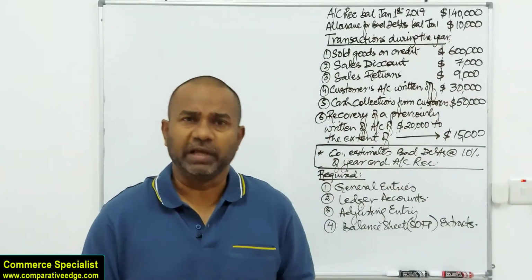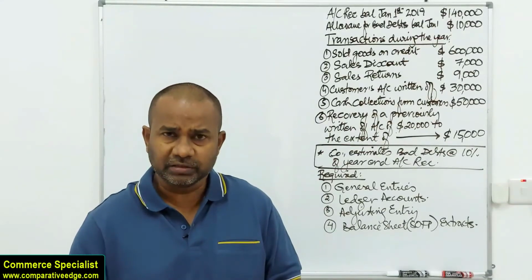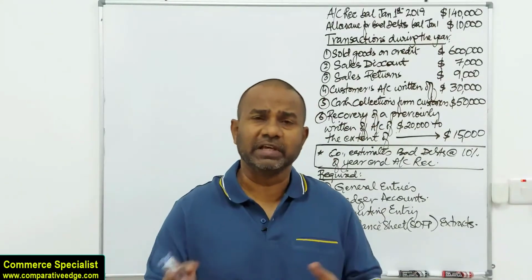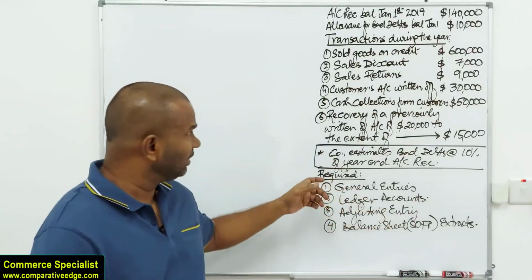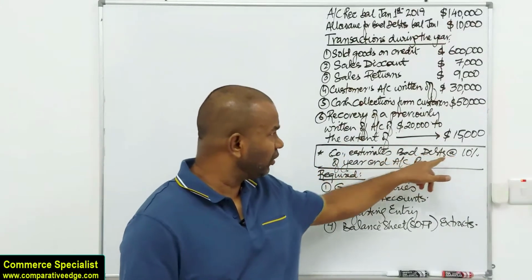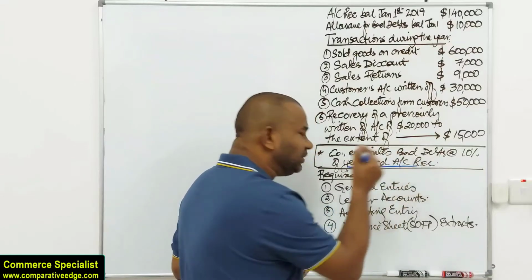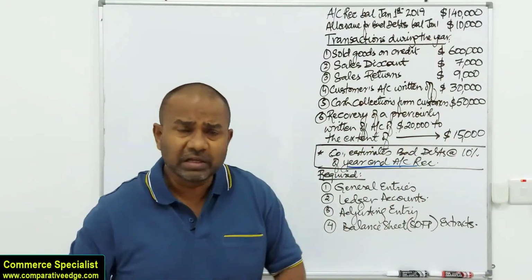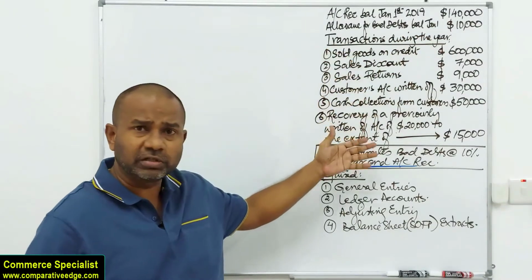Certain events took place, certain business dealings took place, activity relating to receivable, sales, cash collection, and so forth. And in the end, they are telling us the company estimates bad debts at the rate of 10% of year-end account receivable balance. Now, year-end means we are given opening balances, and there are certain transactions.